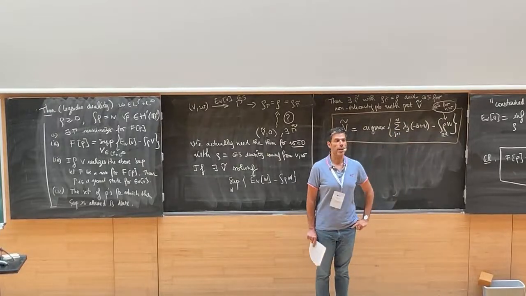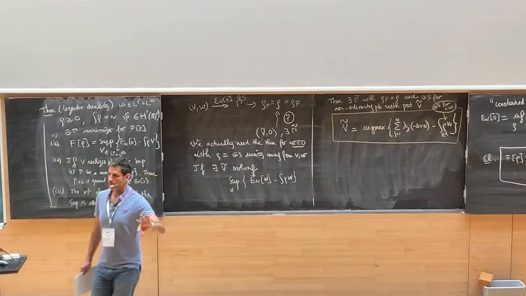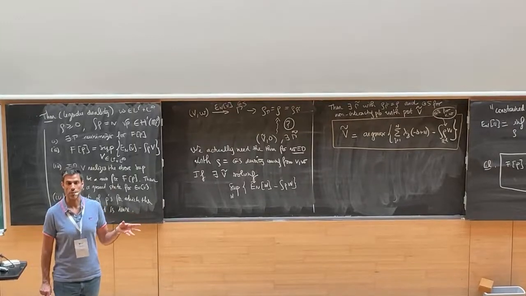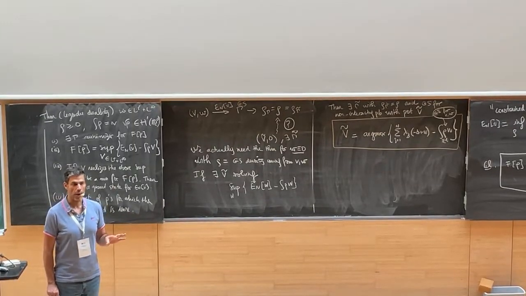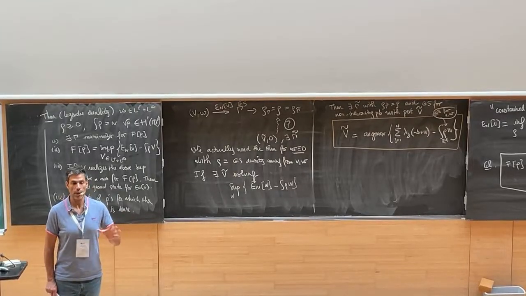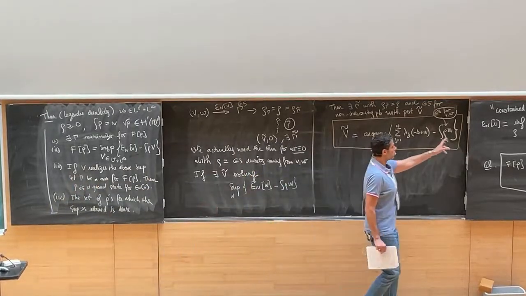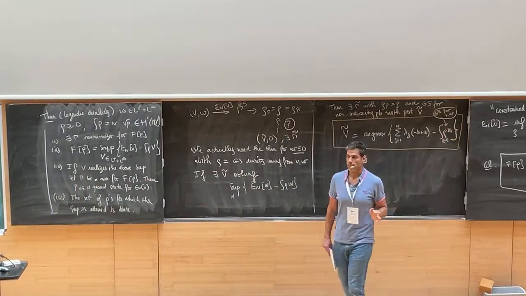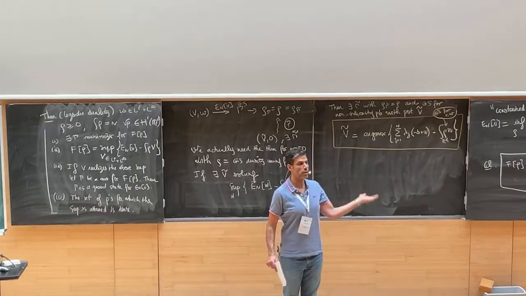So now you should complain and tell me, but you're crazy. No, you don't complain. Because let me remind you that the whole point was to replace the interacting problem by a non-interacting one. And so here the only thing we are doing is just to see if it's doable. But we never really say how to do it. Because if you know rho, then you could do that to find V theta. But of course you don't know rho, because if you knew how to compute rho, then why would you do this whole stuff?